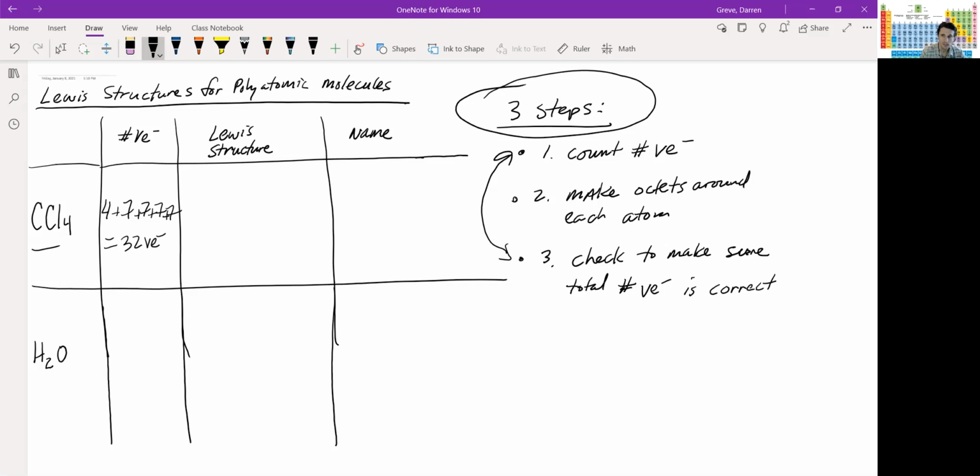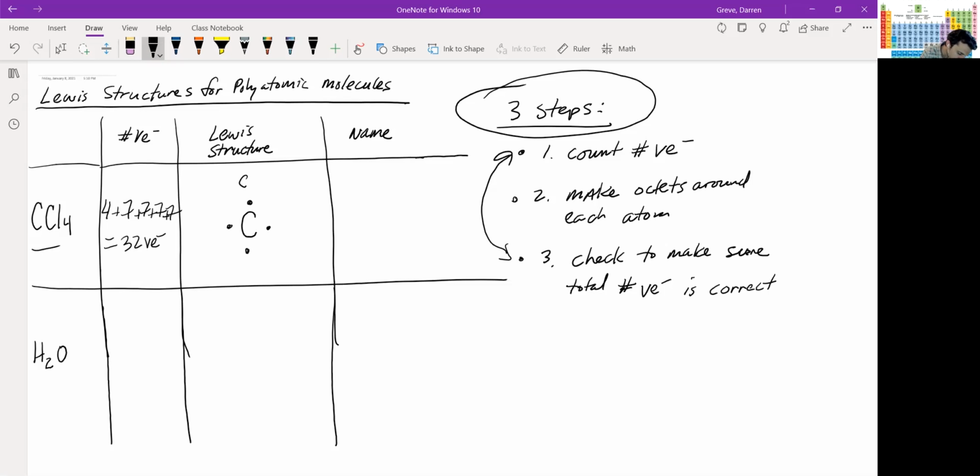Okay. Now, carbon has 4. So carbon is going to make the most bonds in this molecule, and you put the atom that is going to make the most bonds in the center. So in this case, we're going to put carbon in the center with its 4 valence electrons.